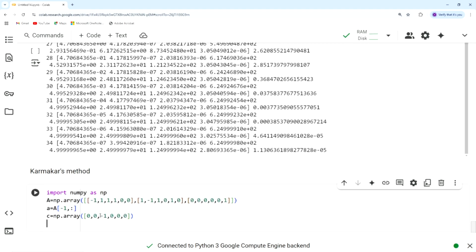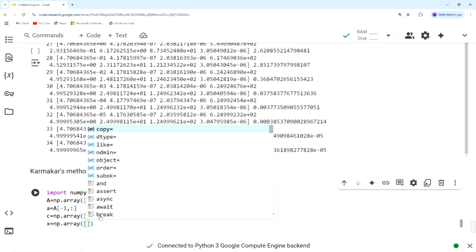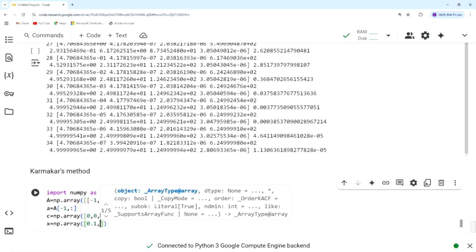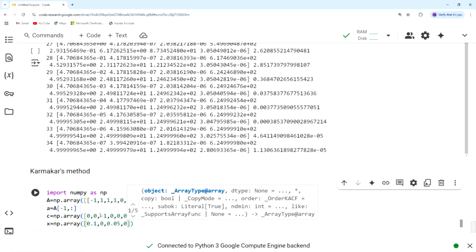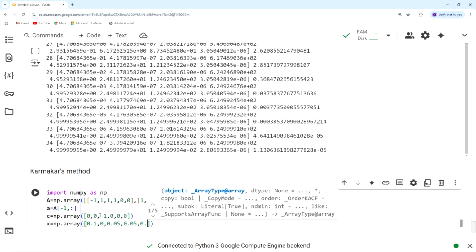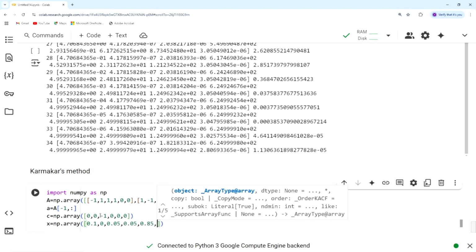Now, we need to choose a starting point. We will choose 0.1, 0.05, which we chose last time, and you have to fill the other ones as well, and this we will write as 1, because x n plus 1 is always 1.